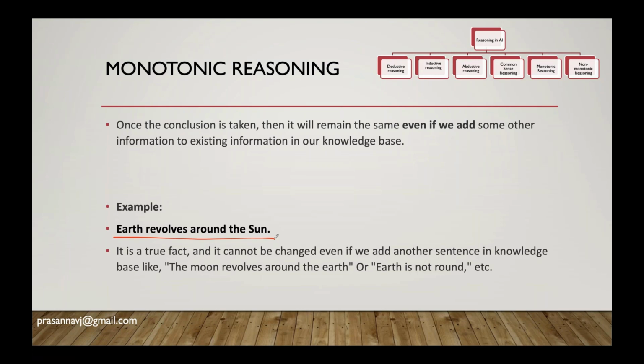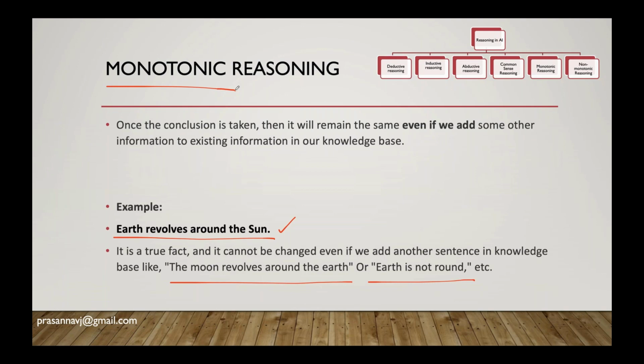Now let's say you are adding some more facts to it: the moon revolves around the earth. It is not going to change this conclusion. Earth is not round, which is also not going to change this particular conclusion you have taken. That is monotonic reasoning. You have come to a conclusion, and this conclusion will not change even if you add as many new facts as possible.